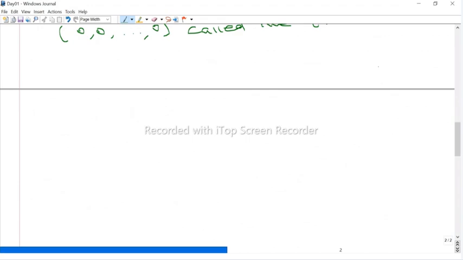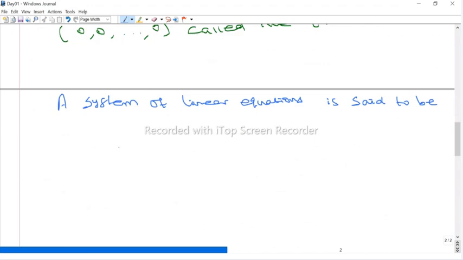So for the next definition, you can write: a system of linear equations is said to be consistent if it has at least one solution, either the trivial solution or a non-trivial solution.